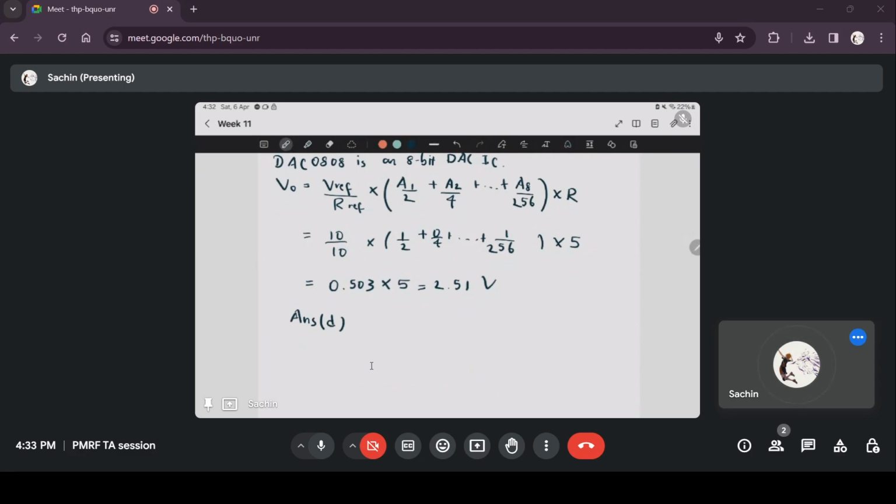So is it a binary weighted resistor DAC, or is it an R2R ladder DAC? What type of configuration does it have? And based on that, the output voltage will be some weighted combination of voltages where the weights are given by the input bits.